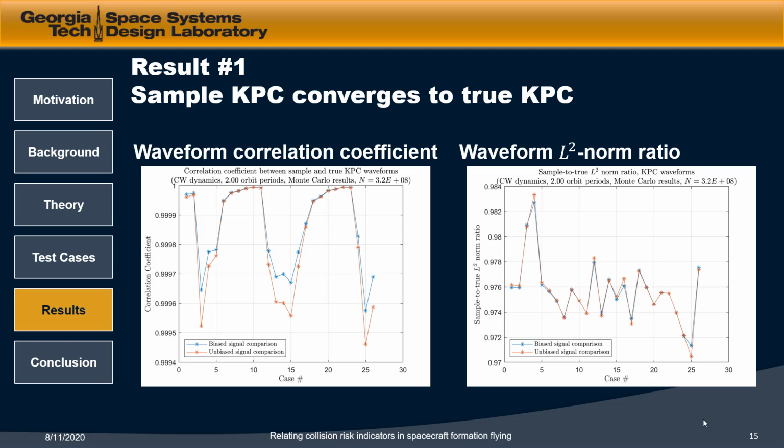From real analysis, we know that a correlation coefficient of exactly 1 for continuous waveforms implies that both waveforms are equal almost everywhere to within a scaling constant. We see that the correlation coefficient does approximate 1. Since, as we see on the right, the simple KPC L2 norm underestimates the true KPC L2 norm by only 3% at worst, convergence is demonstrated for engineering purposes.